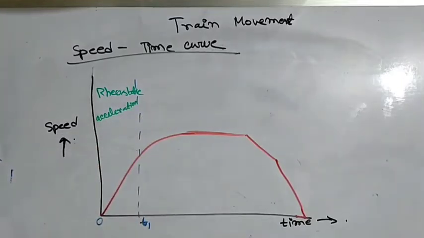Now during this period of run, starting resistance is gradually cut, so the motor current is limited to a certain value. And to cut the starting resistance, the handle has to be moved from one notch to another, and hence the name given to this period is notching up period.